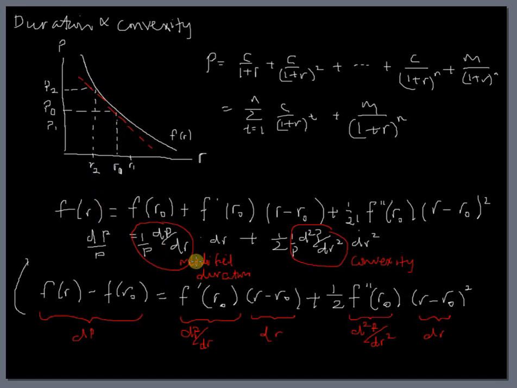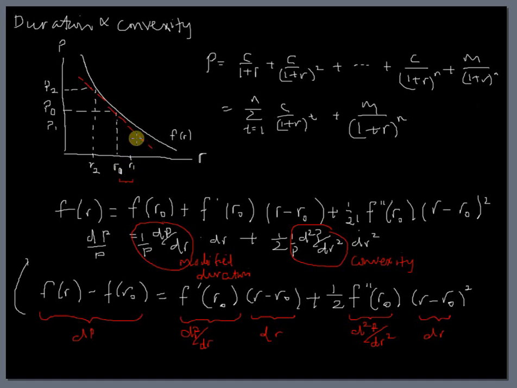Okay, so we are saying that the change in price is equivalent to the gradient divided by P multiplied by the change in the interest rates. So this is the change in interest rate if it moves to R1.